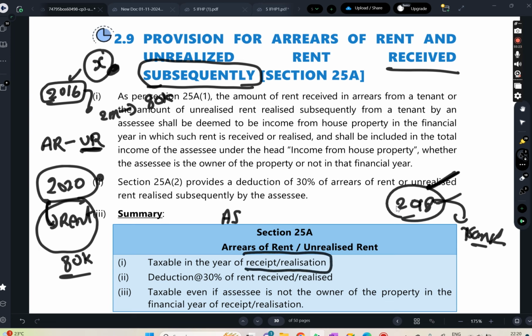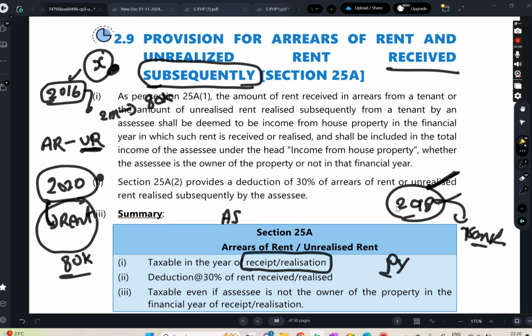We will charge it whenever we receive it, taxable in the year we receive it, because in 2016 I am the owner, right? If you are the owner in the previous year, that is enough. That is also one of the concepts we discussed: the assessee must be the owner in the previous year.